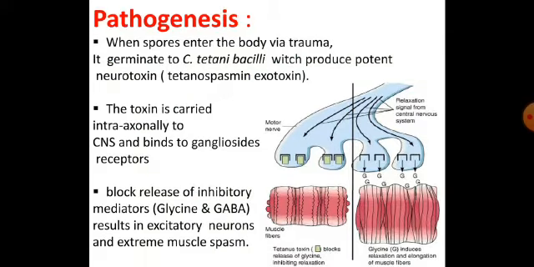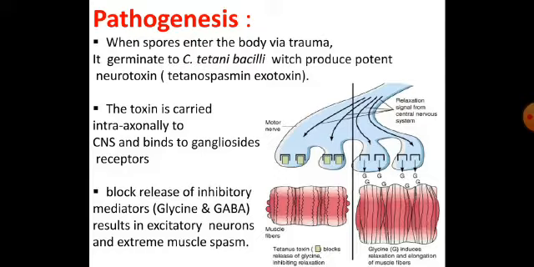Pathogenesis: when the spores enter the body via the wound or trauma, as we said before, it germinates to give the bacillus form. The Clostridium tetani bacilli produce a potent neurotoxin. This toxin is called tetanospasmin exotoxin.